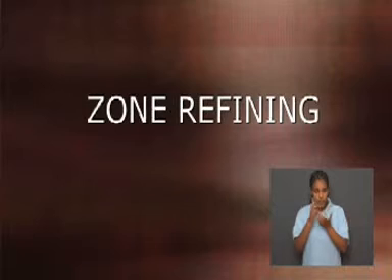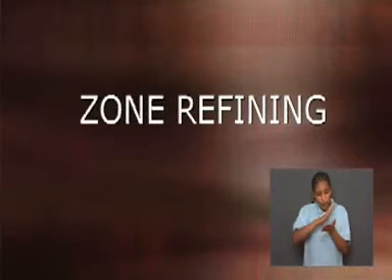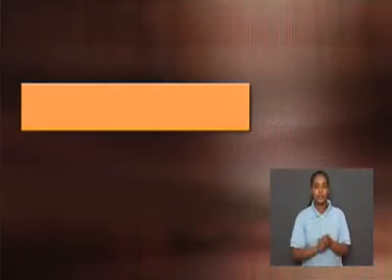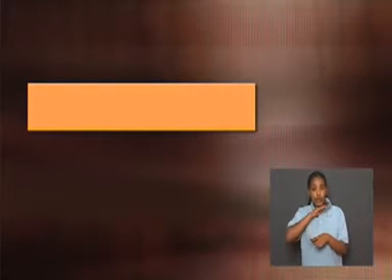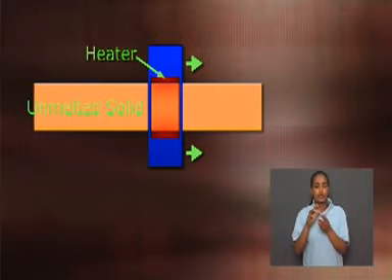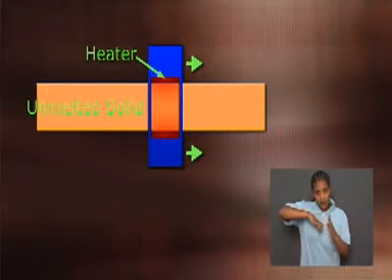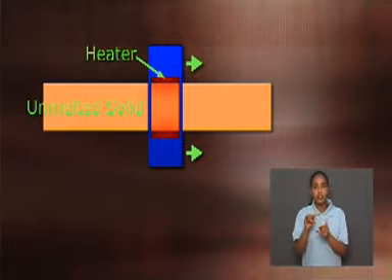Zone refining can also be used to obtain pure metals. In this process, a metal rod containing a few impurities is drawn through an electrical heating coil that melts the metal in the metal rod.